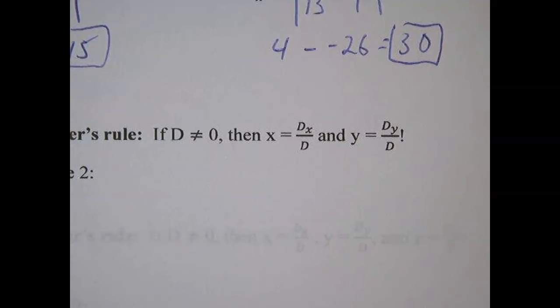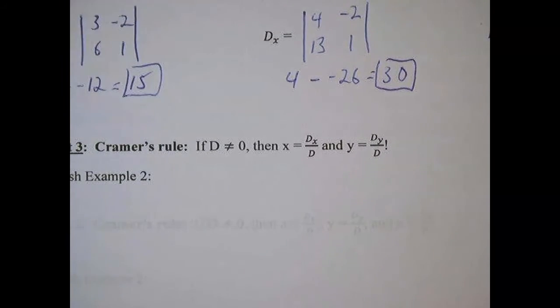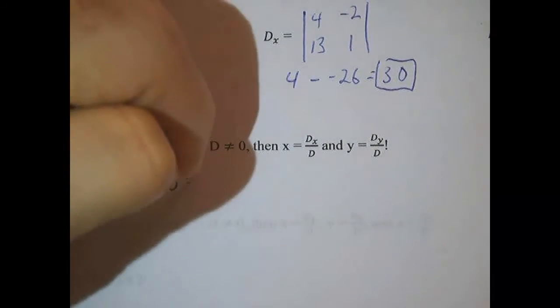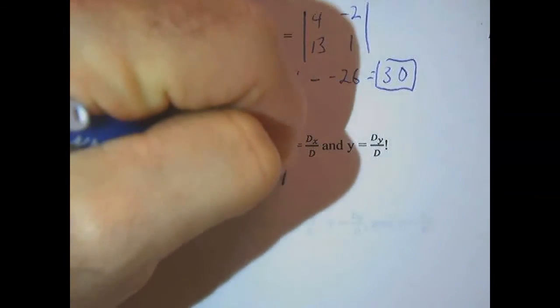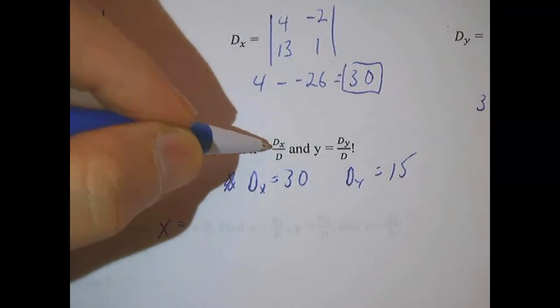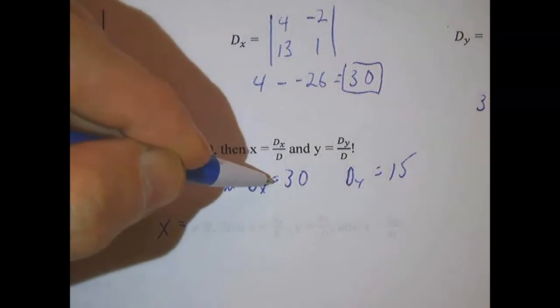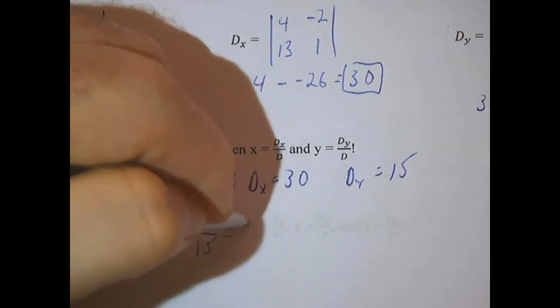To finish this example, we found so far that D is equal to 15, that Dx is equal to 30, and that Dy is equal to 15. If I want to find the x-coordinate, it's Dx over D, which is 30 over 15, which is 2.